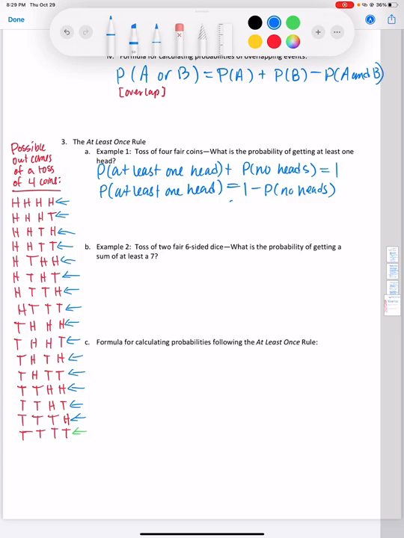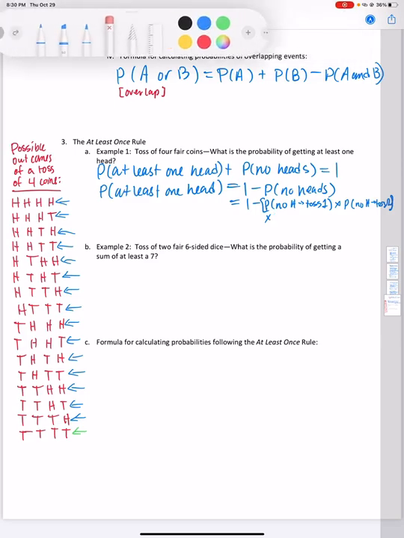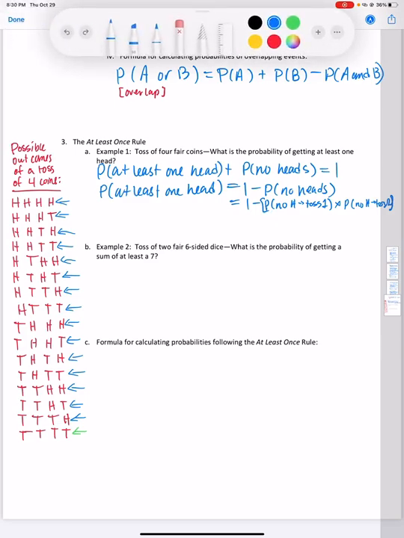So we know that this is equal to 1 minus the probability of no heads in toss 1, times the probability of no heads in toss 2, times the probability of no heads in toss 3, times the probability of no heads in toss 4.